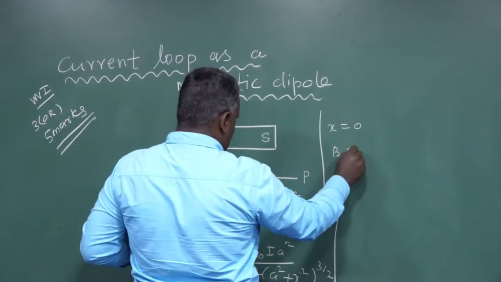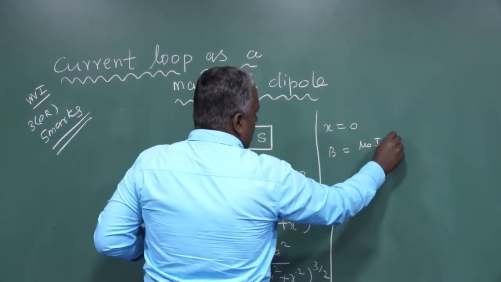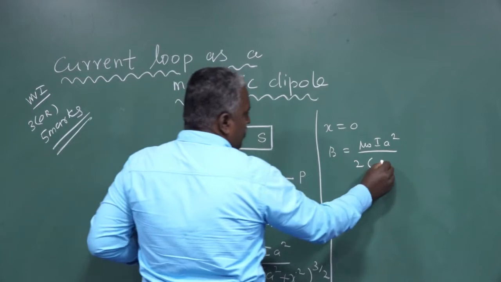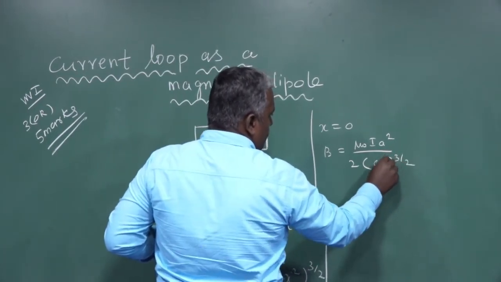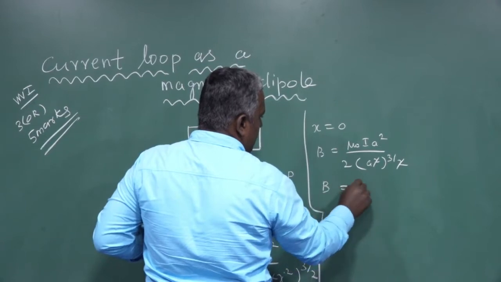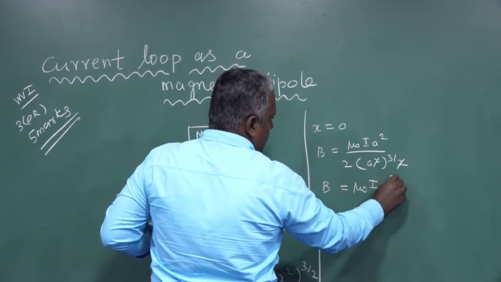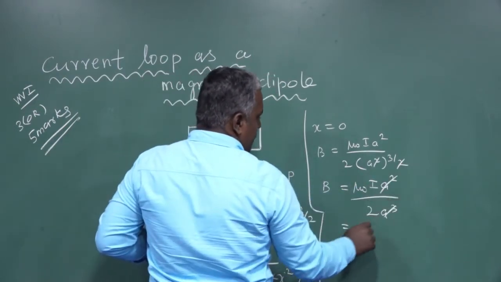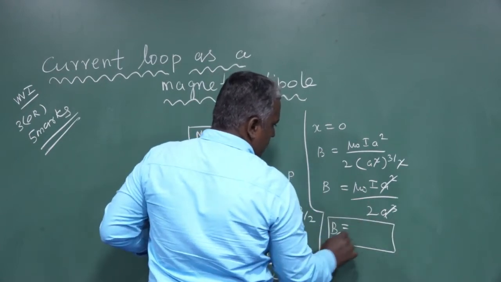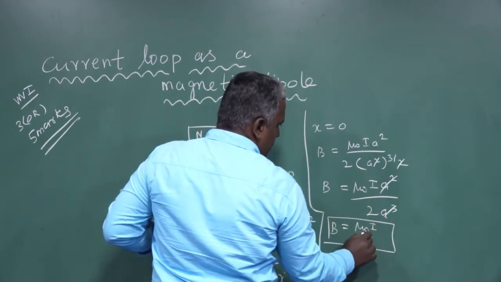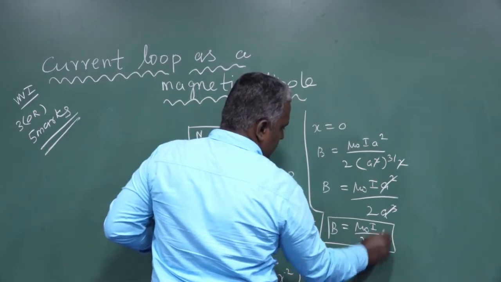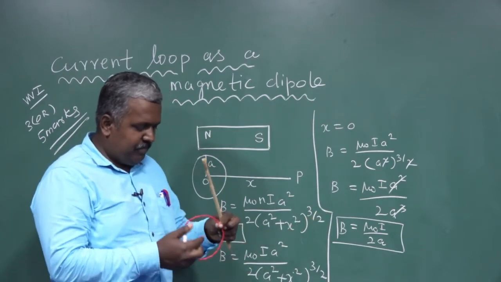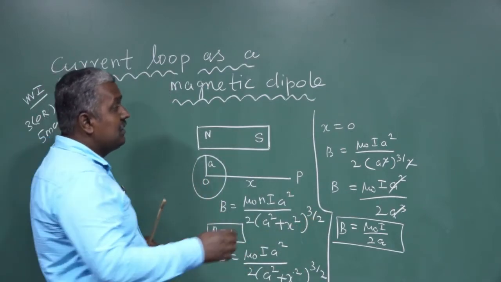Therefore, B is equal to mu naught I A square by 2 of, this is 0 no? Therefore, A square whole power 3 by 2. 2 to cancel. So, B is equal to mu naught I A square by 2 A cube. Cancel. So, B is equal to mu naught I by 2A for single coil at the center of this current loop.